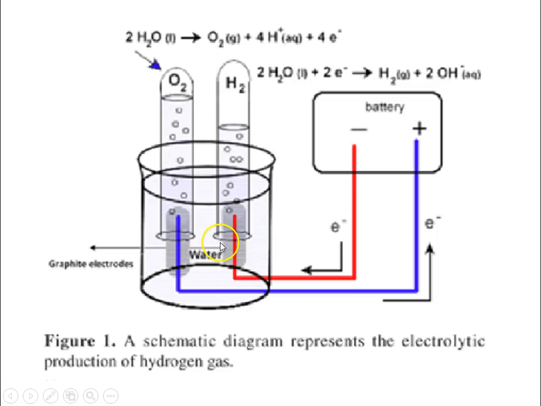So this is important, we could do this in the lab at school, just by putting a test tube over to collect the hydrogen. If you fill a test tube up with the solution, the water, the gas formed will push the water down, and then the entire space up here will be full of whatever gas that you're producing.